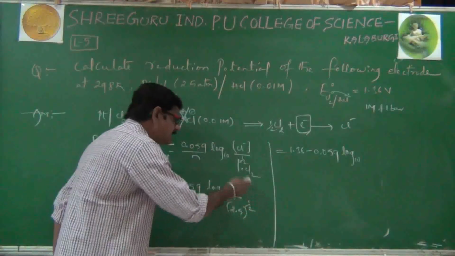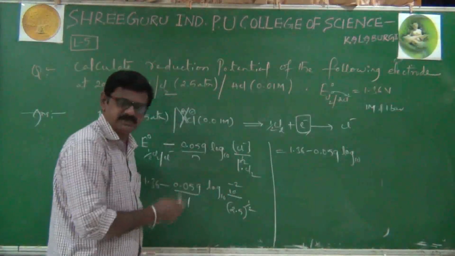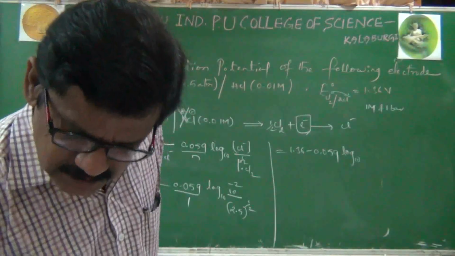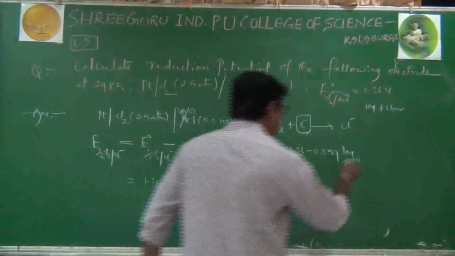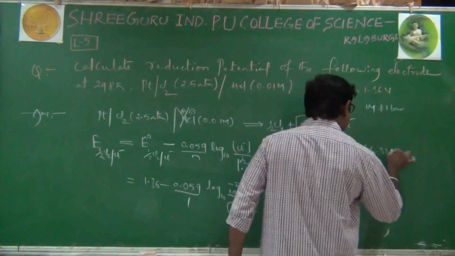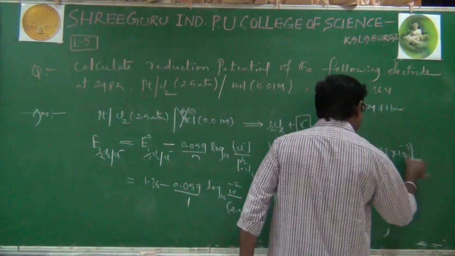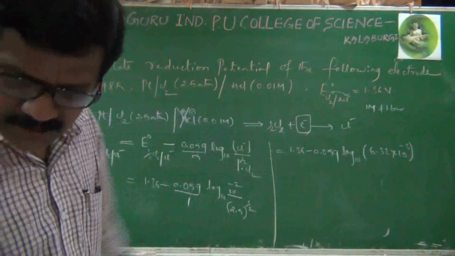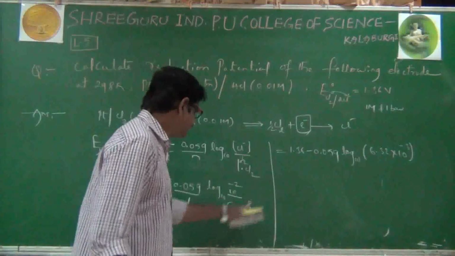If you simplify this value, you will get 6.32 into 10 to the power of minus 3 after simplification.